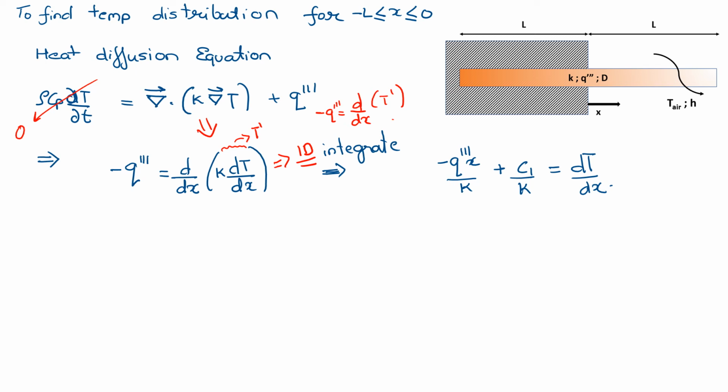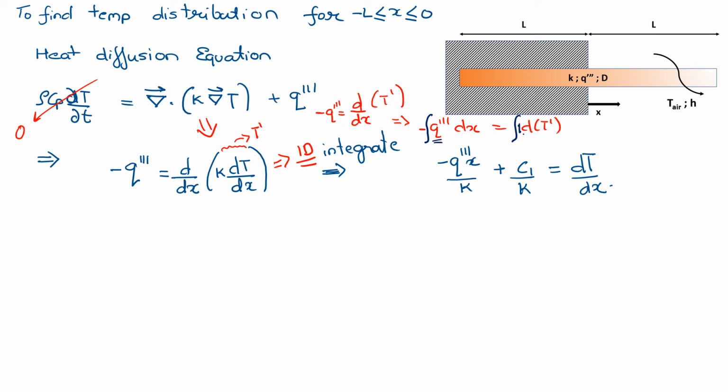Now my next step here will be, I'll write this as q triple prime times dx equals d of t prime, and I will integrate my q triple prime with respect to x and my 1, so there's a 1 here, right, with respect to dt prime.